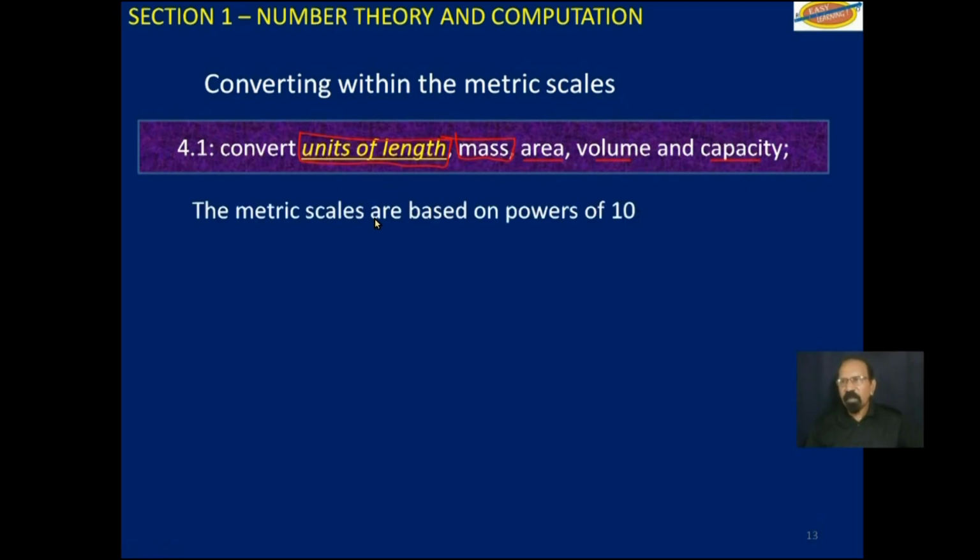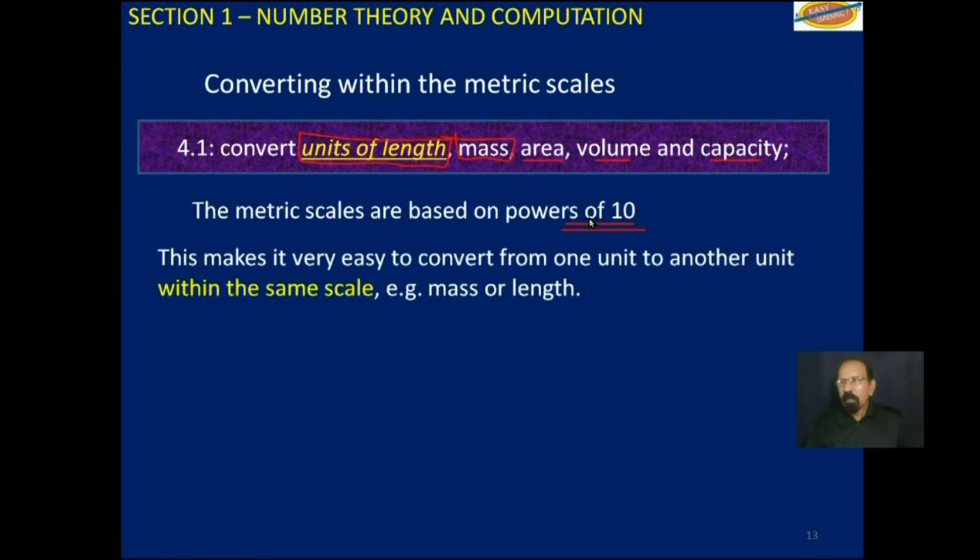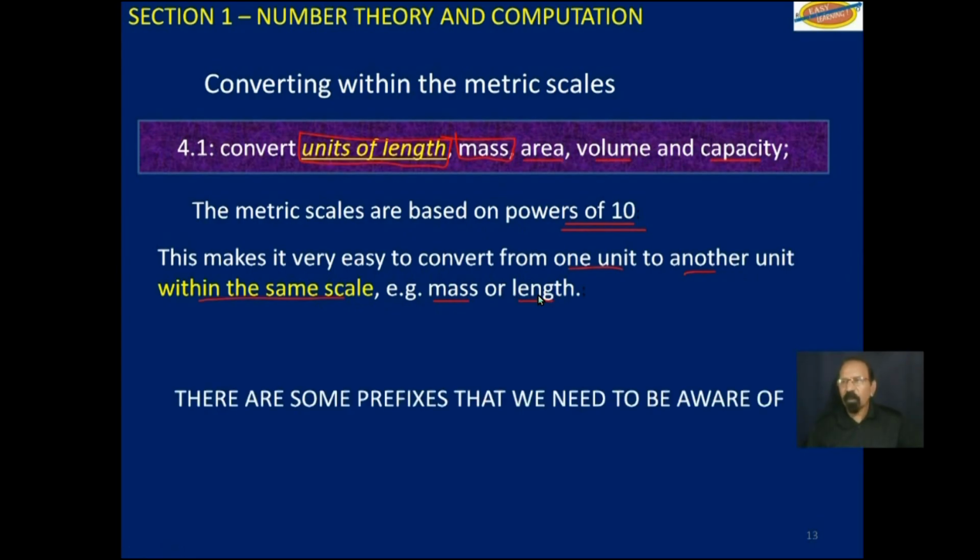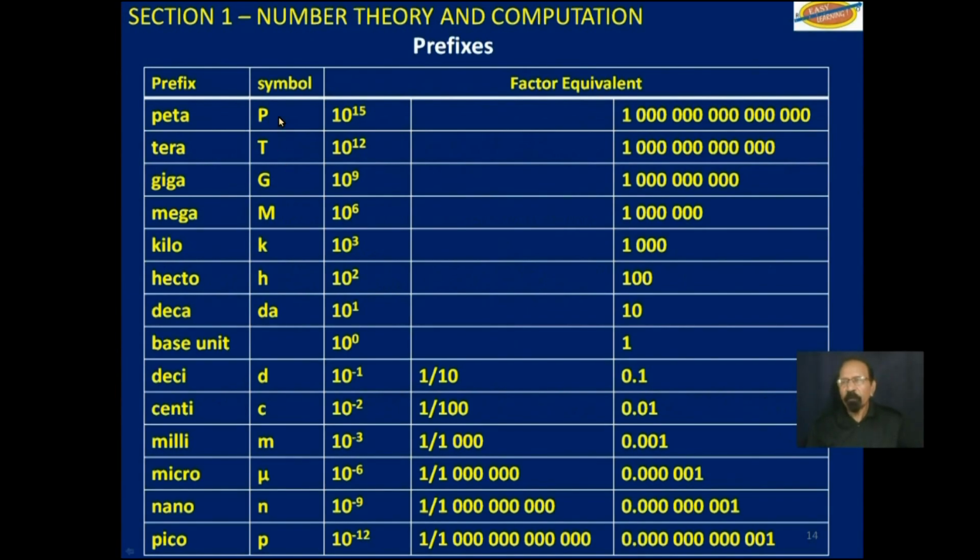Now, the metric scales are based on powers of 10. This makes it very easy to convert from one unit to another unit within the same scale. Example, within the scale of mass or within the scale of length. Now, there are some prefixes that we need to be aware of. You have seen this before. You don't have to learn all of this.